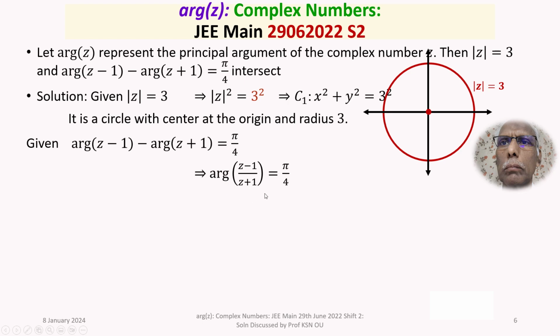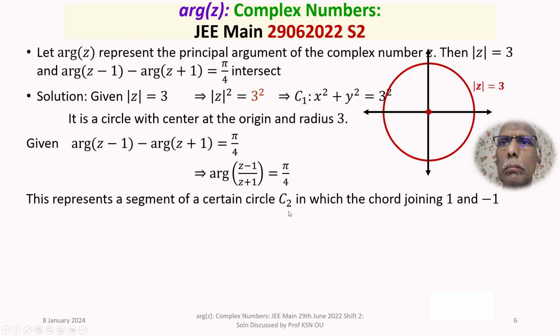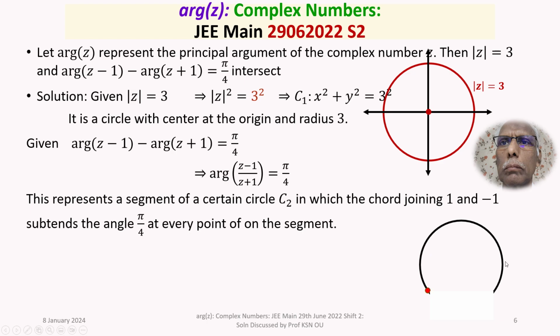What does this represent? It represents a segment of a certain circle C2 in which the chord joining 1 and minus 1 subtends the angle pi by 4 at every point on the circular segment. That is the very well-known result.